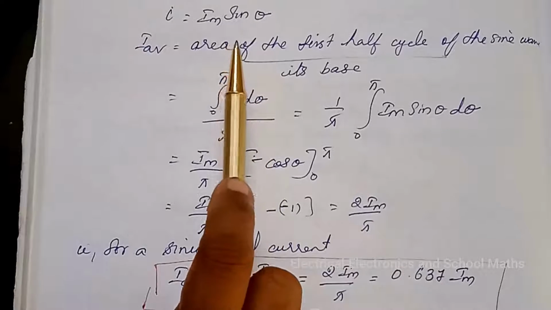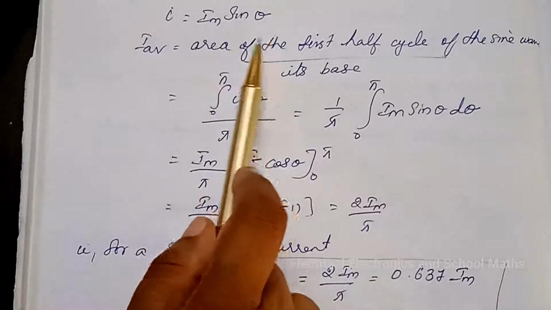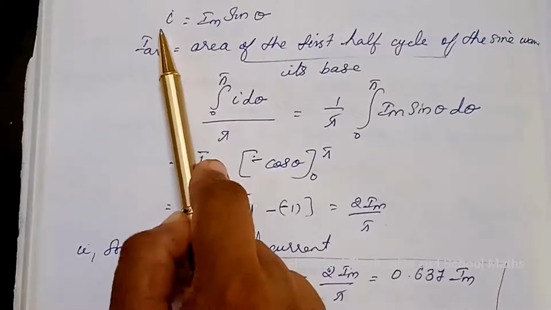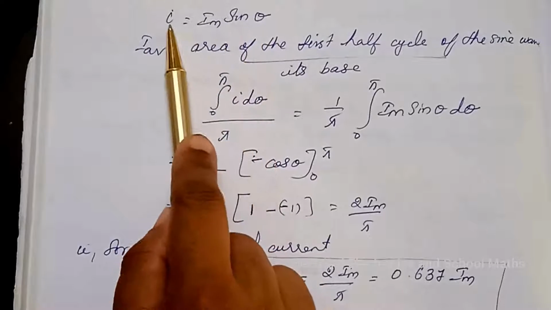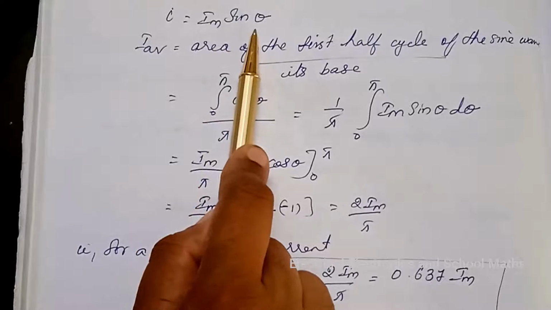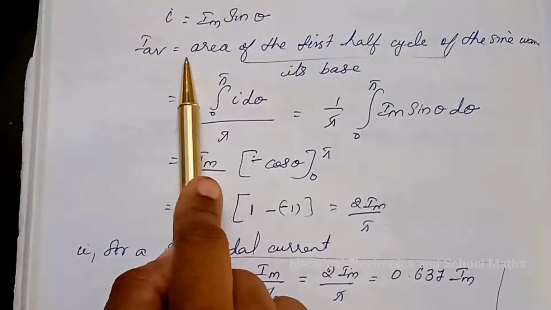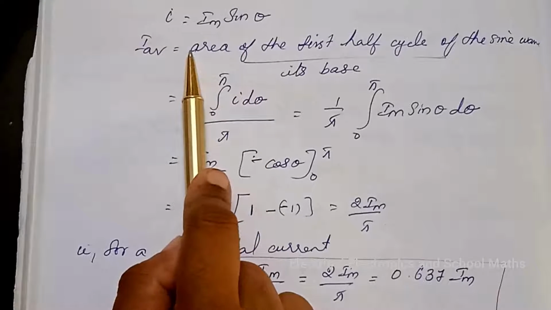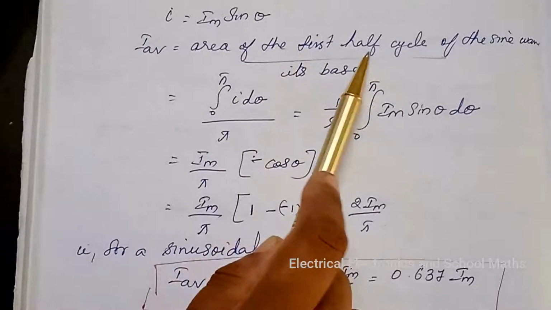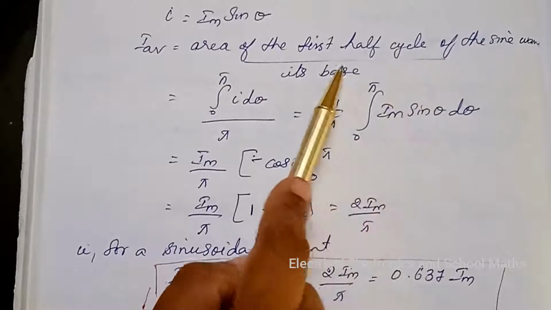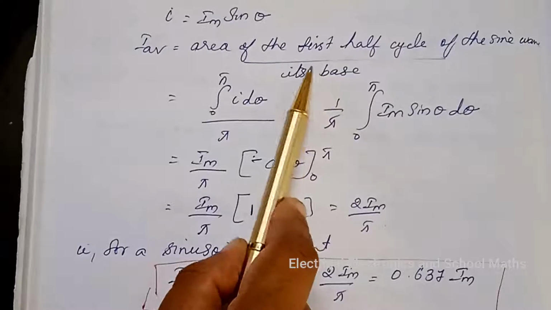To find the average value of an alternating current, consider the equation of a sinusoidal alternating current i equal to Im sin theta. Then the average value is given by the area of the first half cycle of the sine wave divided by its base.